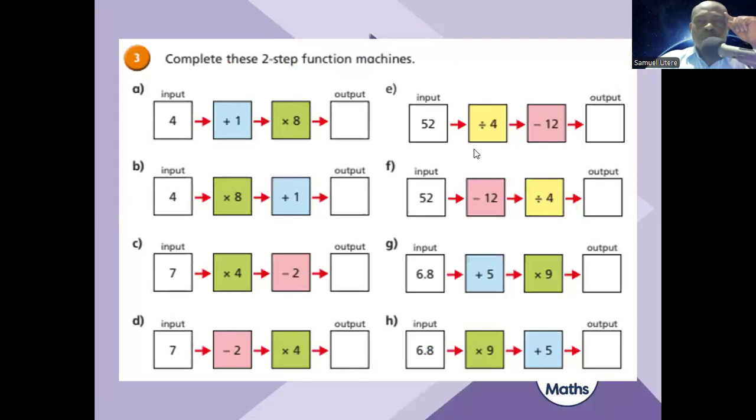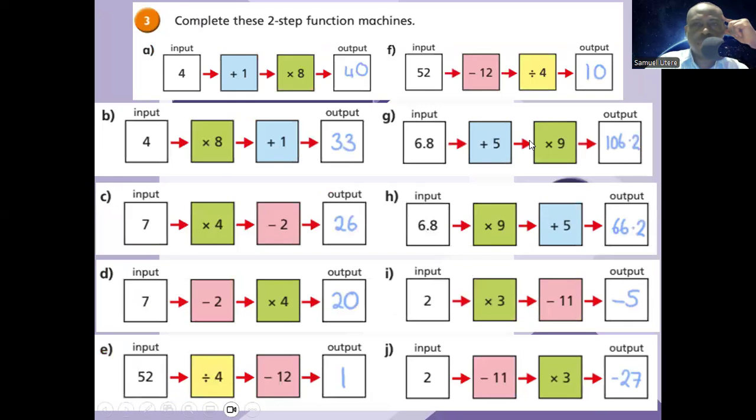Okay, so here is question 3. You can pause the video and try to do question 3 in 3 minutes. You may be able to do it quicker than that. So assuming you've already done that, here are the answers for question 3.